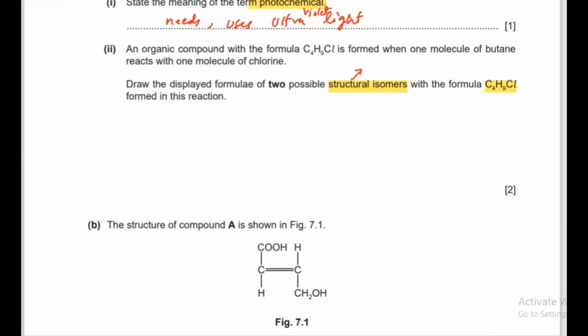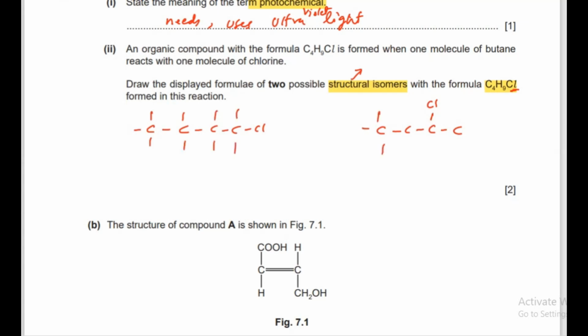You can change the position of chlorine to get another isomer. For example, if you have four carbons, draw the four carbons. If you place chlorine on the first carbon or chlorine on the second carbon, you will get the isomers.